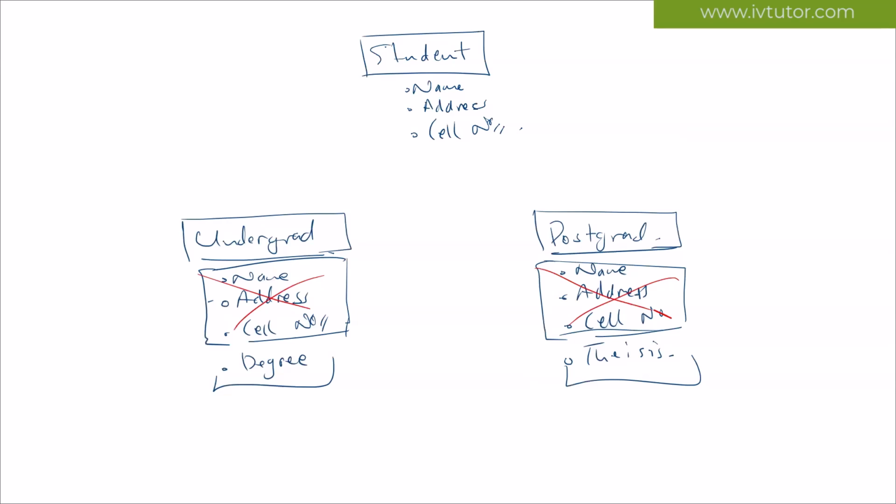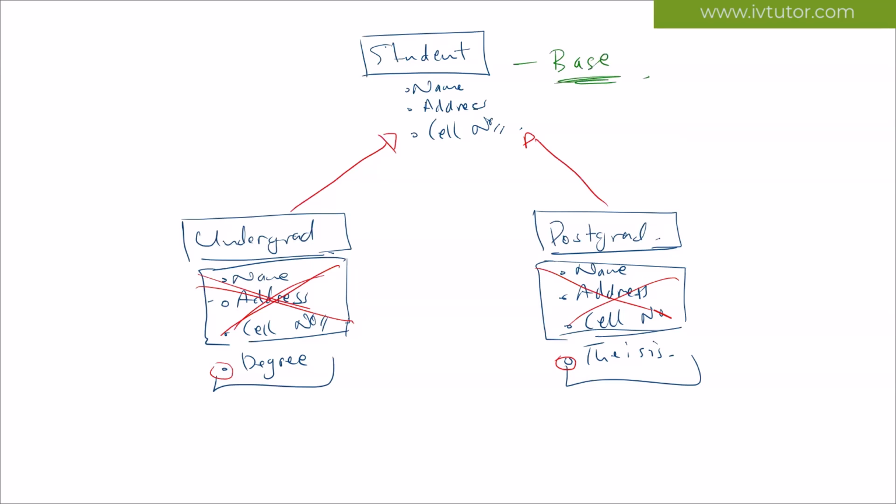But then if you take out all these things from an undergrad, what do we do now? Well, let's just extend this one and add a degree. What about a postgrad? Well, we can just extend this one and add a thesis. So what I end up with is a class called student, which in this case is referred to as a base class.